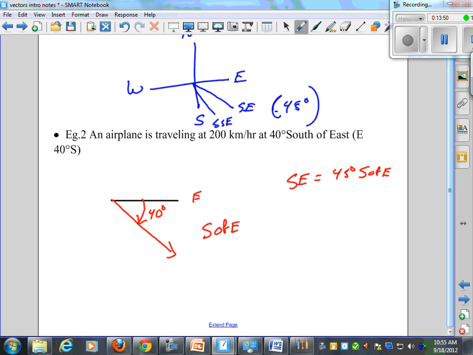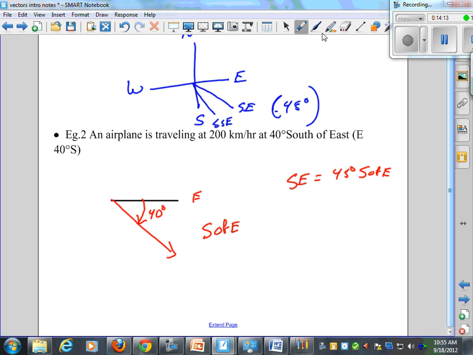Yeah, that's correct. So what if it's greater than 45 degrees? Then you would just say something like 60 degrees south of east. Southeast would be 45, plus 22.5 would be 67.5. Don't worry about that.